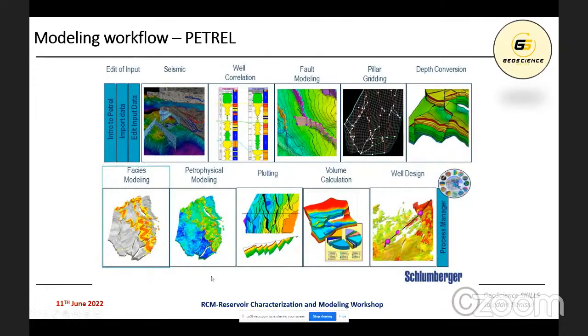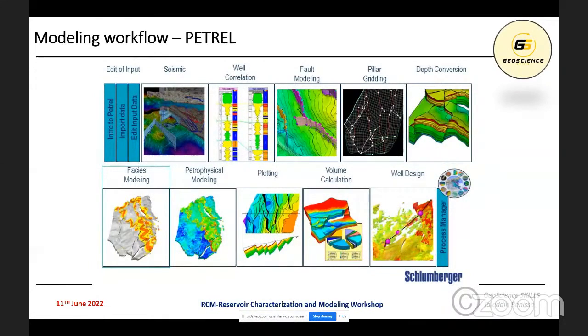Because when you want to model a reservoir, you need the ceiling and the bottom, and this is what the geophysicist will provide you: the seismic horizon and the top and bottom of the reservoir.